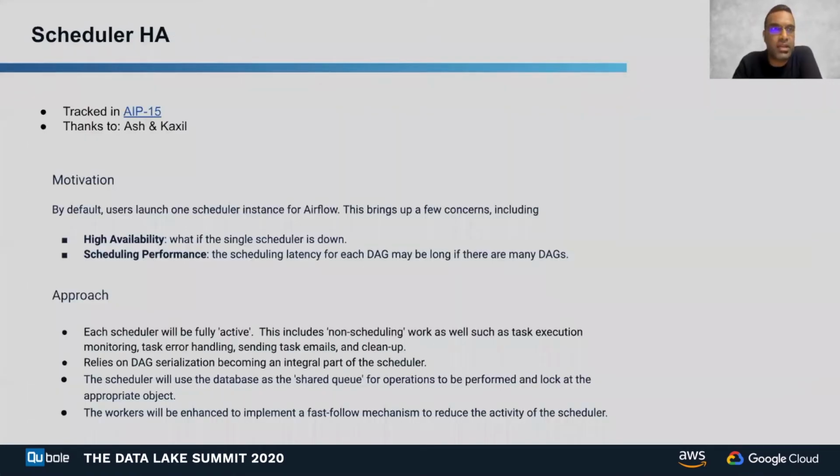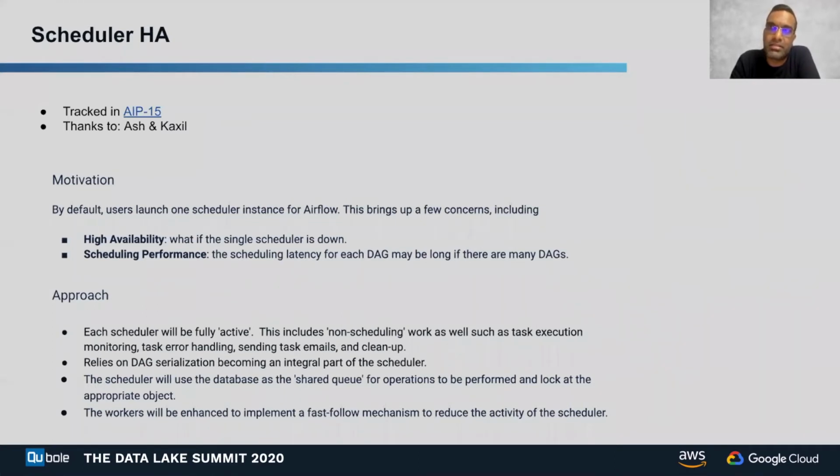So the next one I would pick is the scheduler HA. This is being tracked in AIP 15, and I think Ash and Kaxil and maybe a couple of more people are working on it. And this is not yet much. A little bit of history about the Airflow scheduler: by design, it launches only one scheduler, and it is supposed to work with only one scheduler.